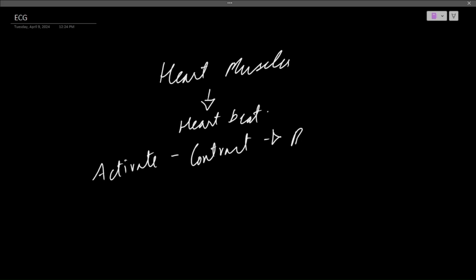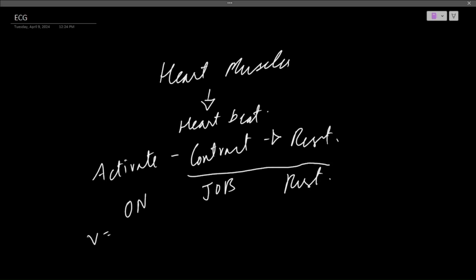And then there is the reset. So here you have the switch is on, the job is being done, and reset. Talking about the ventricles, here QRS does the depolarization, and then you have the T wave.